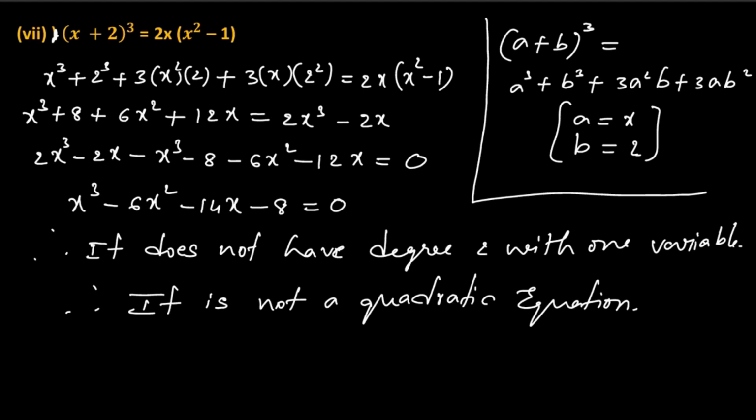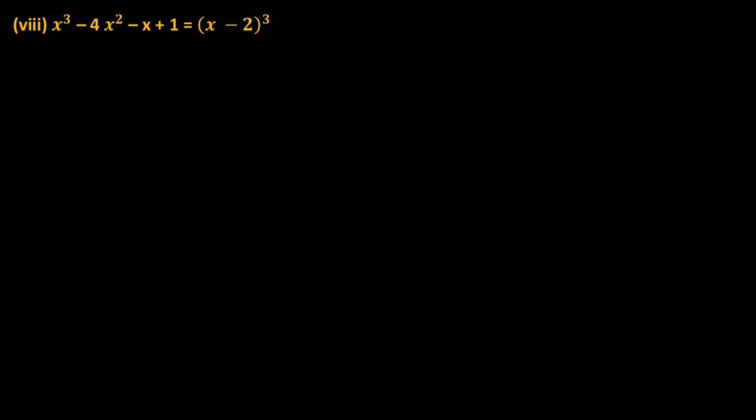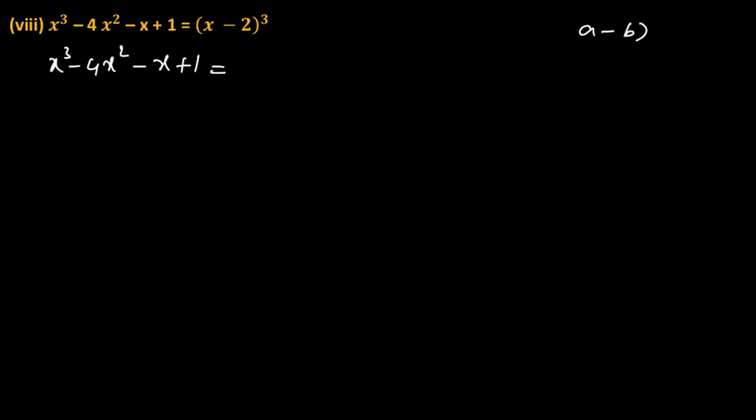Let's go to the next problem. x cube minus 4x square minus x plus 1 is equal to (x minus 2) whole cube. We can't simplify the left side terms, so let us write them directly. We already know the a plus b whole cube formula. So now the a minus b whole cube formula is a cube minus b cube minus 3a square b plus 3ab square.